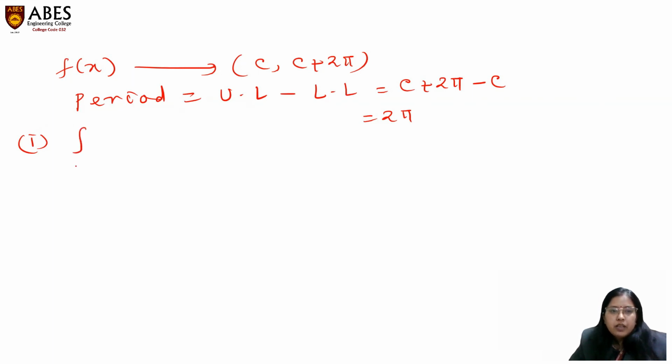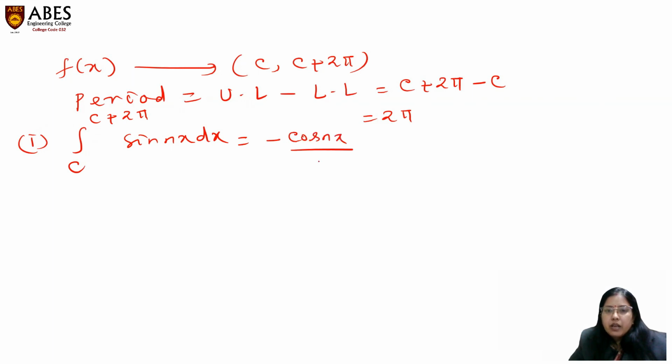So if the integration is c to c plus 2 pi of sin nx dx, then the integration value will be minus of cos nx divided by n, limit c to c plus 2 pi.